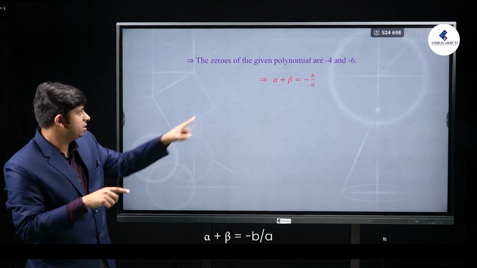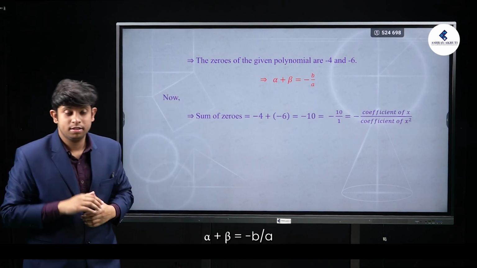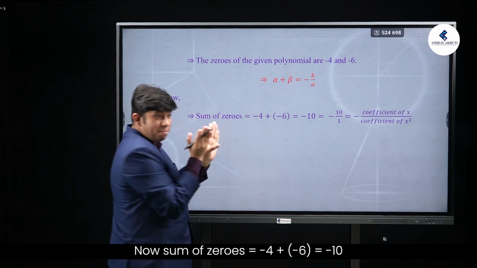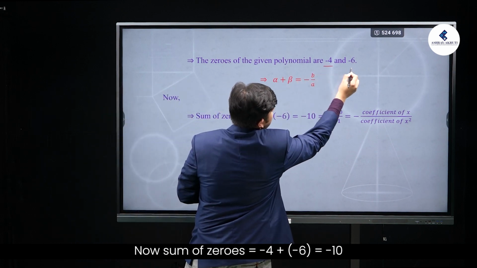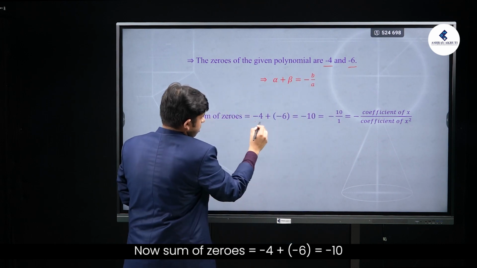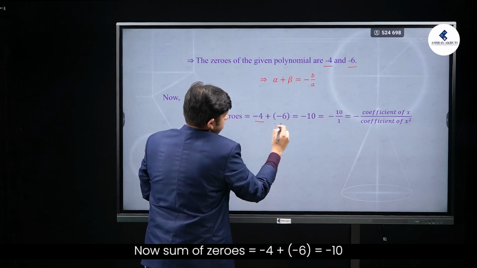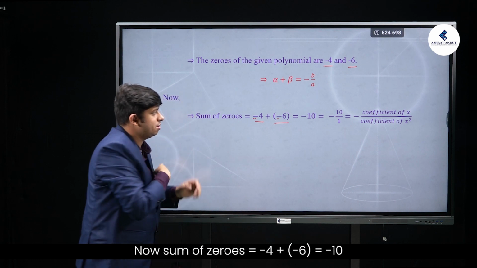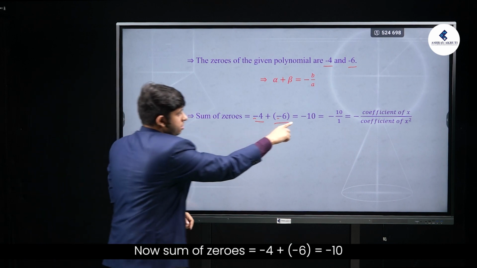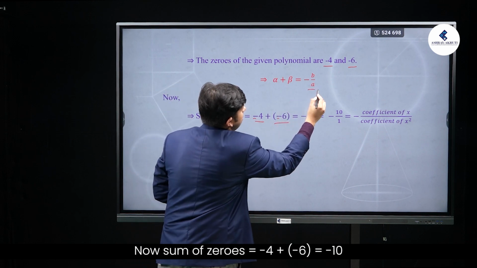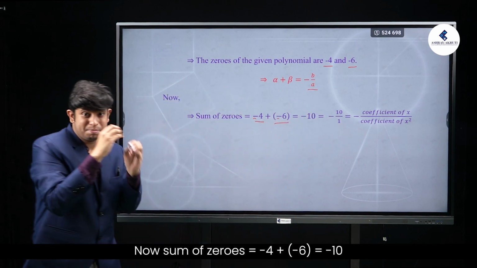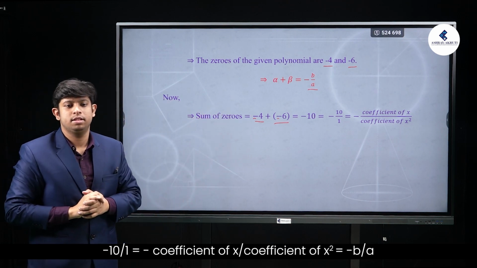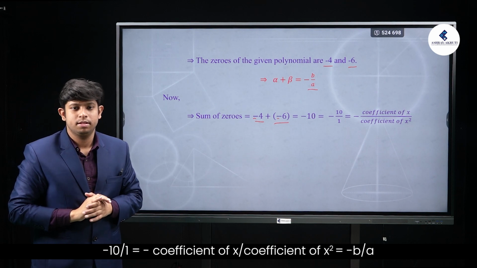Alpha plus beta is equal to minus b by a. Now, sum of zeros is equal to minus 4 plus minus 6 is equal to minus 10. Minus 10 by 1, which is equal to minus coefficient of x by coefficient of x square, which is equal to minus b by a.